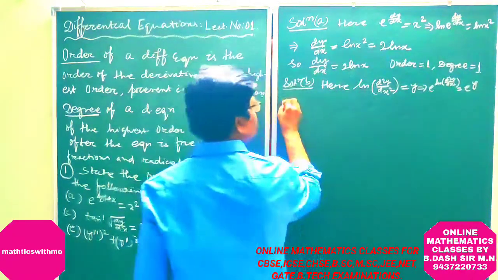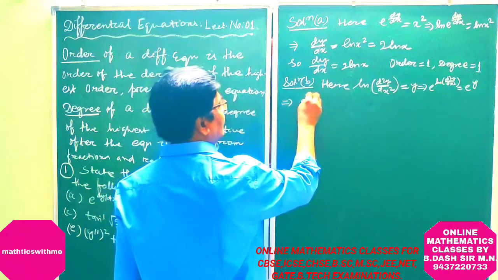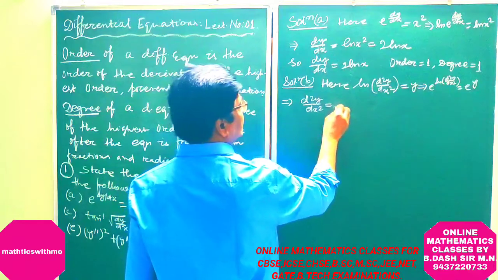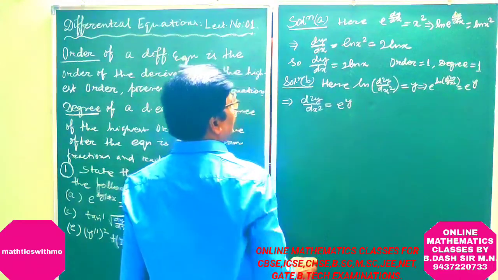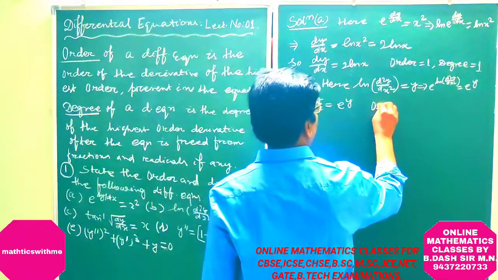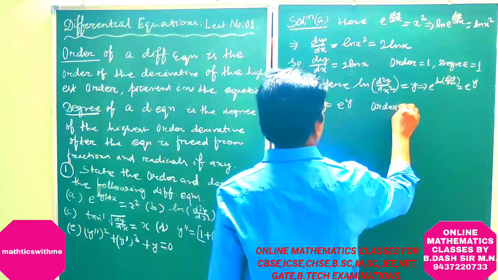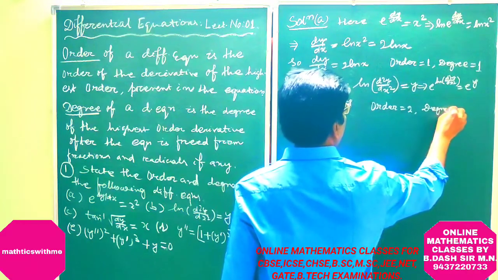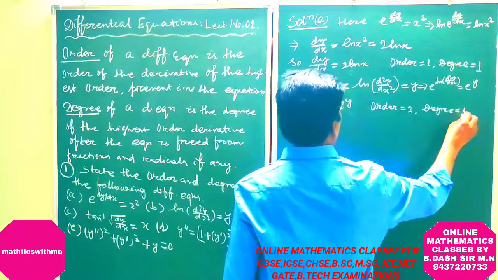So this implies d square y by dx square is equal to e to the power y. So order of the differential equation is 2. Degree of the differential equation is 1.